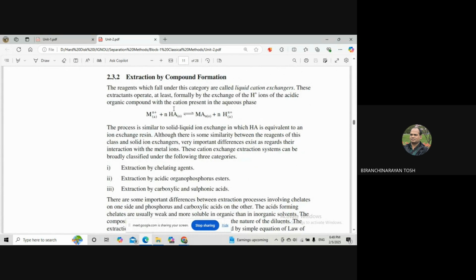The reagent is an acid, an organic compound, so there will be exchange with M to the n plus. The process is similar to solid-liquid ion exchange, with HA equivalent to one ion exchange resin. Although there is some similarity between the reagents of this class and solid ion exchangers, very important differences exist.